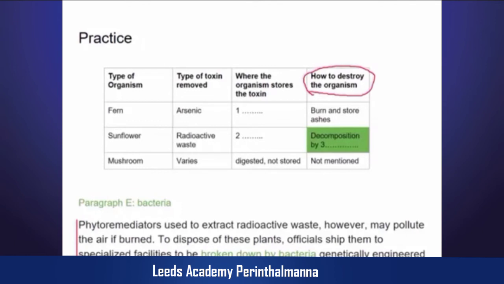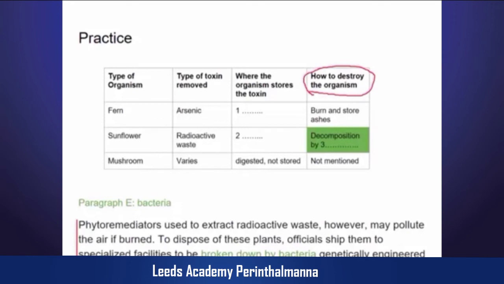Phytoremediators, wow, that's a long word, used to extract radioactive waste, however, may pollute the air if burned. To dispose of these plants, okay, that's how we're destroying the organism, all right, so that's where the keyword should take you to find this information. Officials ship them to specialized facilities to be broken down by bacteria.